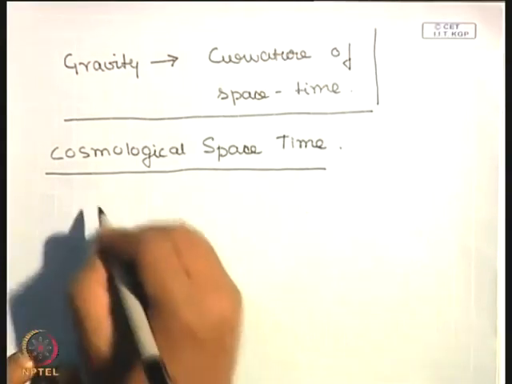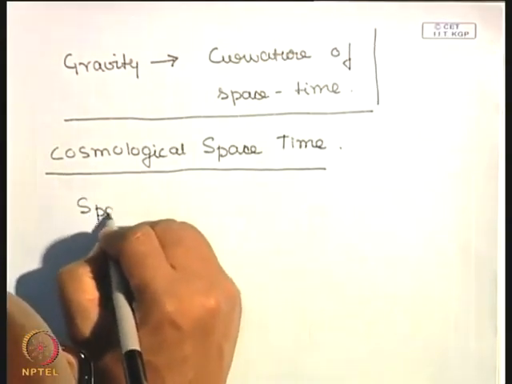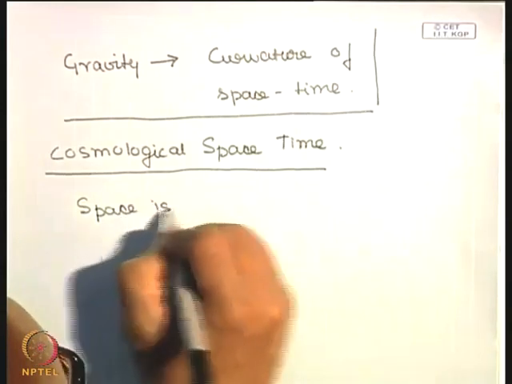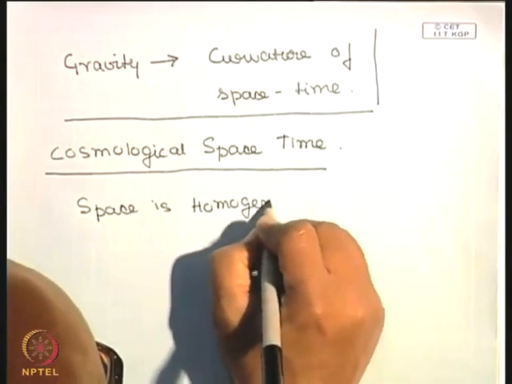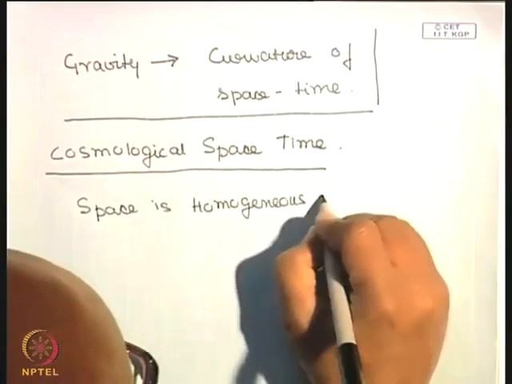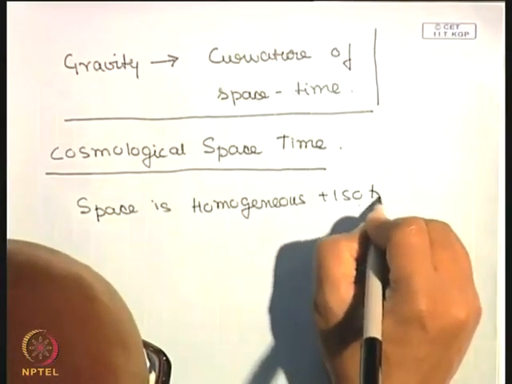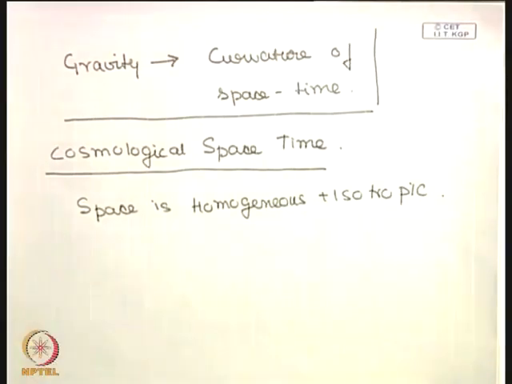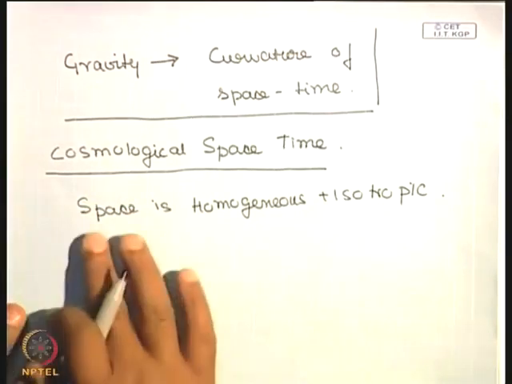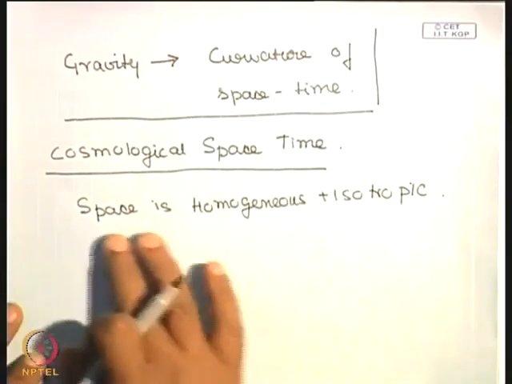The cosmological principle is that space is homogeneous and isotropic. Okay. So, if you have a space time where the space is homogeneous and isotropic, that is the cosmological principle.